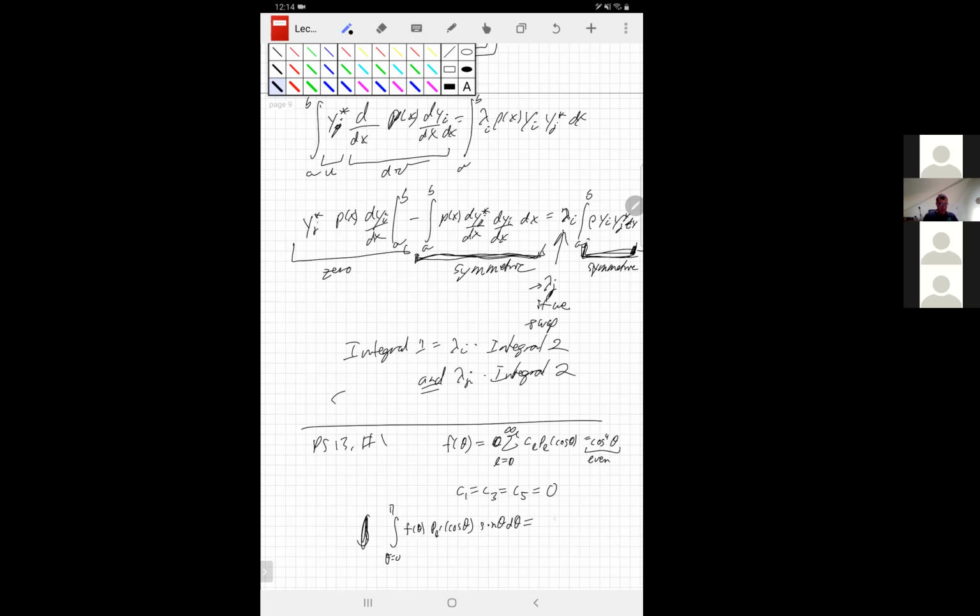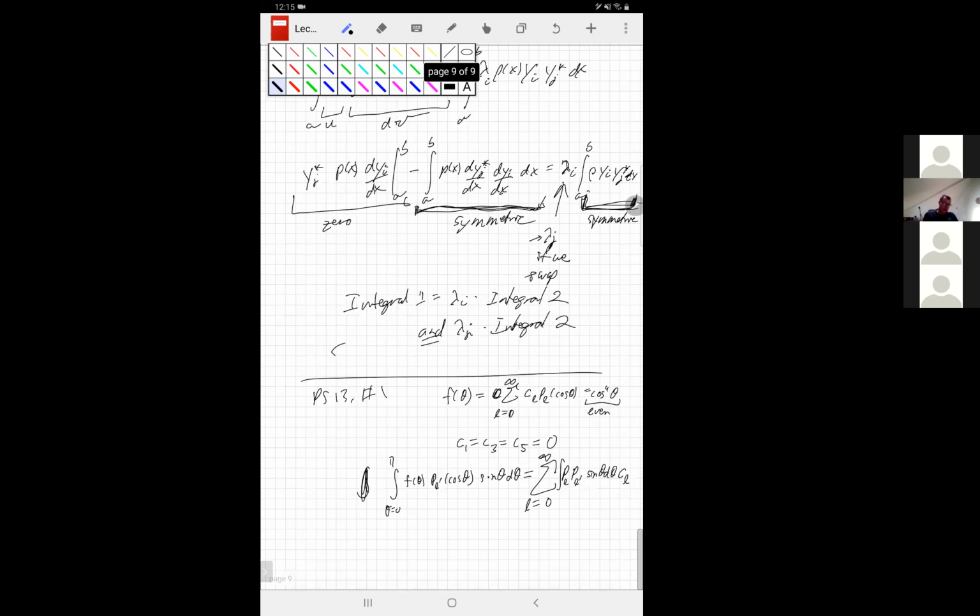That is going to be the sum from L equals 0 to infinity of the integral of P_L, P_L prime, sine theta, d theta, times C_L.